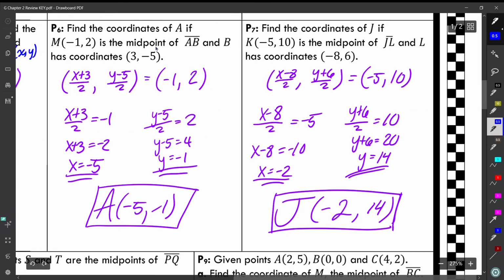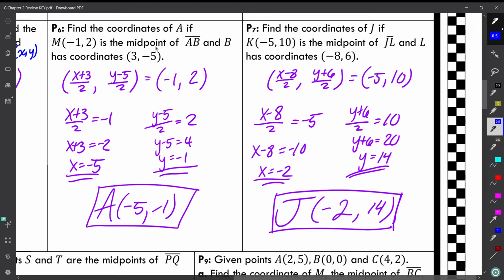And then we're doing the same thing for these next two right here, right? My midpoint is -1, 2, so that's why it's right here. My one endpoint I do know is 3, -5, and then I call the other one A, x, y again. X plus 3 over 2, y plus -5, which is y minus 5 over 2, that's going to equal -1, 2.